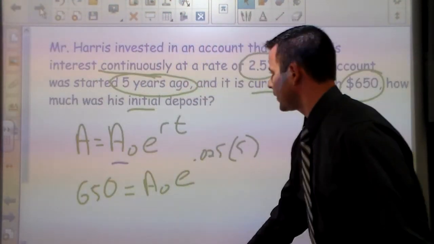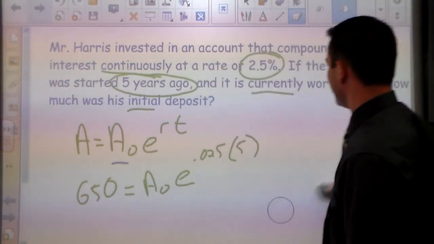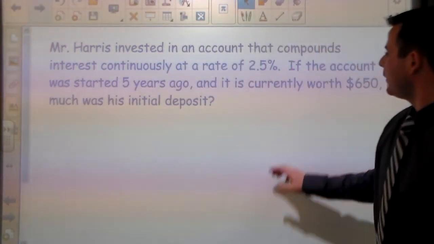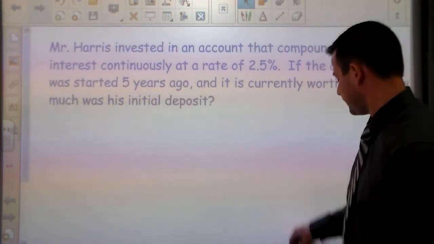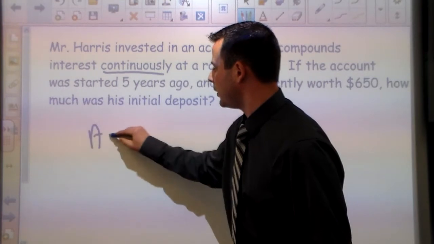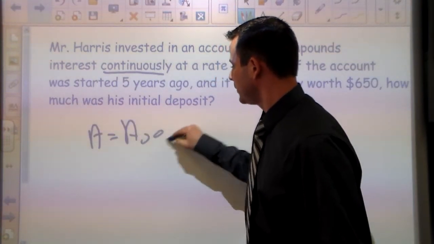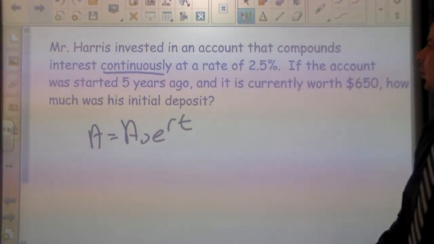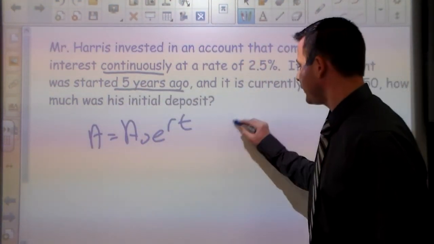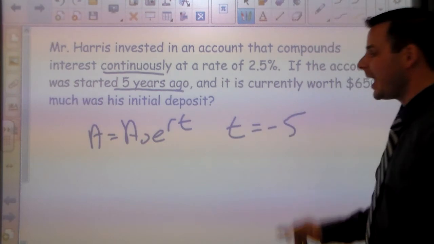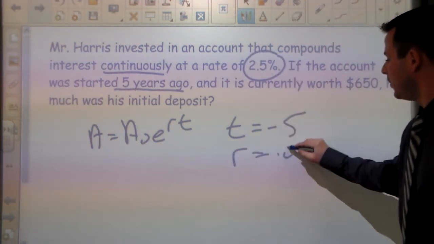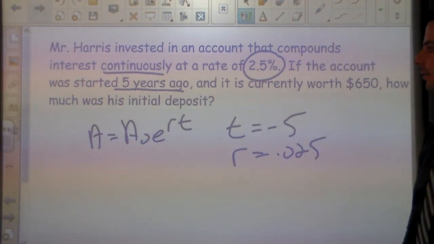Let's think about this another way. So let's get rid of all this and set this up a different way. There's another way we could think about this. Let's write the compounding continuous formula before we do anything. Now let's read the question and say, if the account was started 5 years ago, so I can say that t equals -5. Rate is still 0.025.